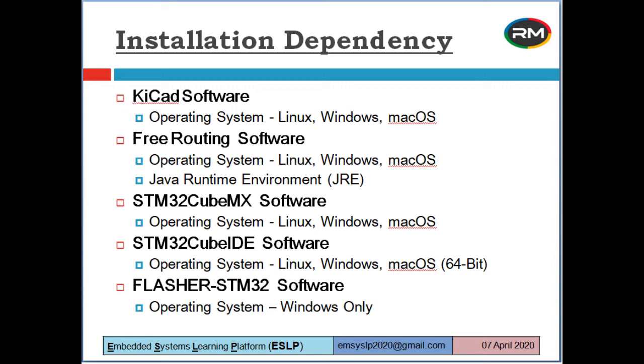However, Freerouting software being a pre-compiled binary needs Java runtime environment for running. So the user needs to install JRE from the Oracle site prior to Freerouting's installation. STM32CubeIDE software can only be run on 64-bit versions of powerful computer machines. Flasher software is meant for the Windows operating system only.